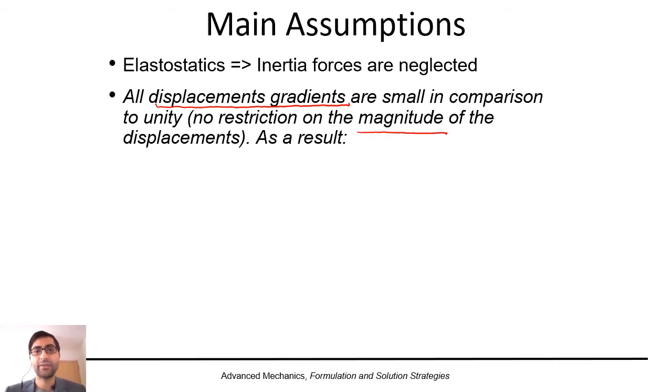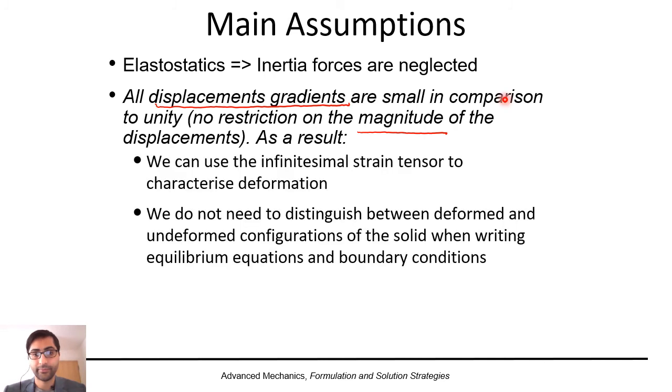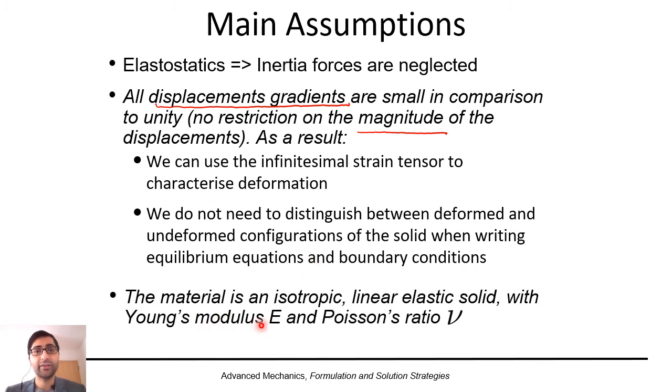So basically, the displacement gradients are small, so we have infinitesimal strain case, but we may have large deformation because there is no restriction on the magnitude of displacement. Basically, it means we can use the infinitesimal strain tensor to characterize deformation, and also we don't need to distinguish between deformed and undeformed configurations because they're almost aligned with each other. And finally, the material is an isotropic linear elastic solid with Young modulus E and Poisson's ratio nu.